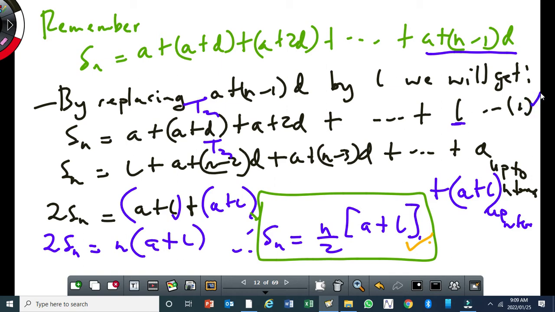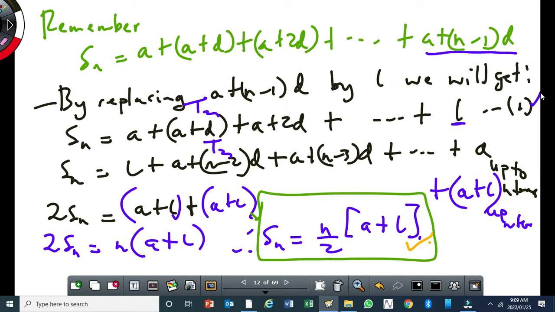Okay? What's the objective? To determine a second formula that we can use to calculate the sum of terms in an arithmetic series. Right?